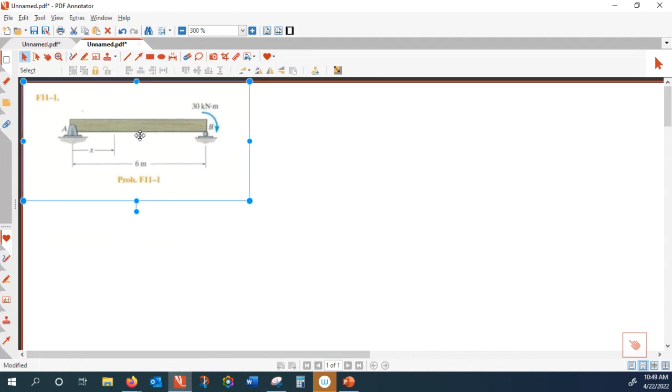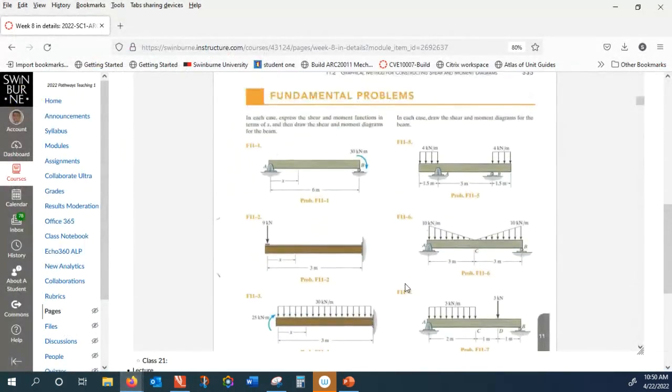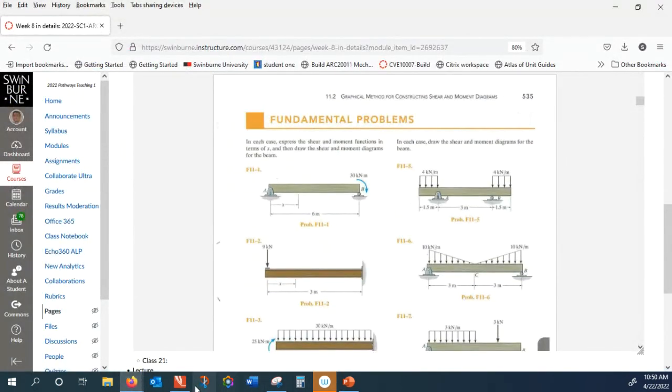Okay, now we want to start. This is page 535.